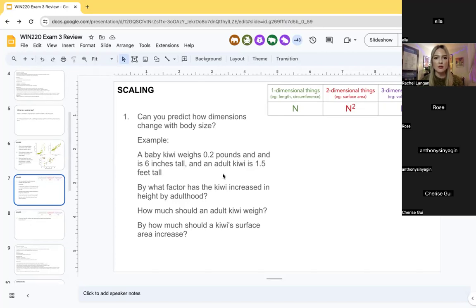So then when we're looking at the mass, we know mass is just n to the third. Since we already established n was 3, we knew that the mass had to increase by 3 to the third. So what you would do is take the mass of the baby kiwi, which is 0.2 pounds, and multiply it by 3 to the third. That's the same as 0.2 times 3 times 3 times 3. And then that gets you 5.4.